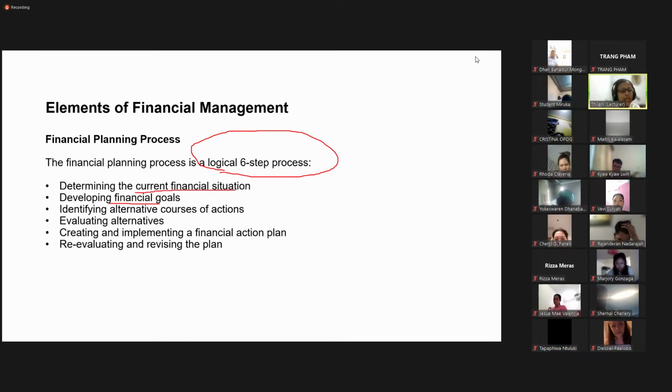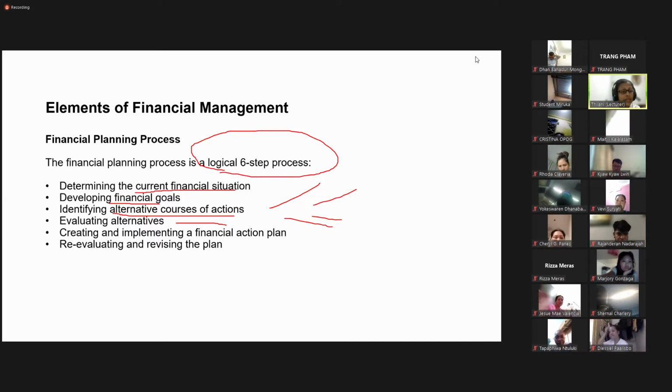Then, once you develop the goals, are there any alternative actions which you need to take? Any other actions that you need to take? When you have a few options, you have to see which one is the best option. So you have to evaluate the alternatives. That's what I mean by evaluating alternatives.